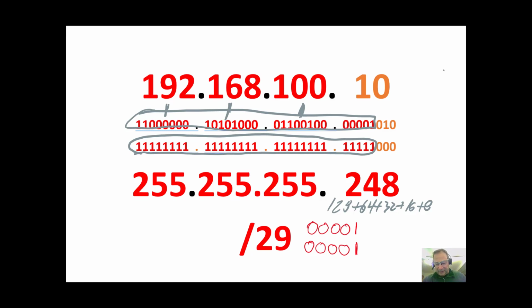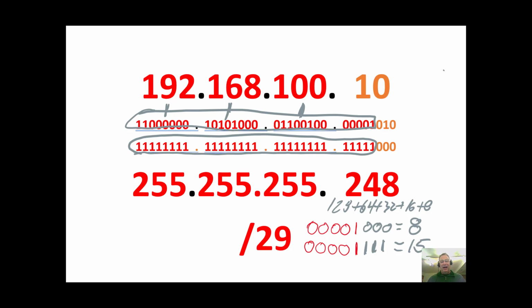And the lowest possible address that we can have left would look like this, which is going to equal, let's see, 8. 1, 2, 4, 8. Yes. And the highest possible address we can have in this particular network is going to be 8 plus 4 plus 2 plus 1. It's going to equal 15.